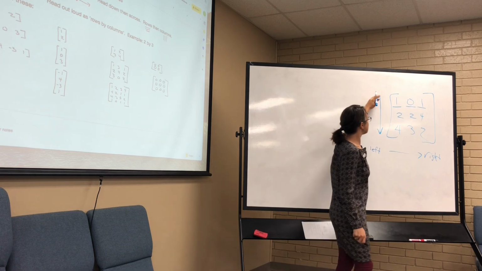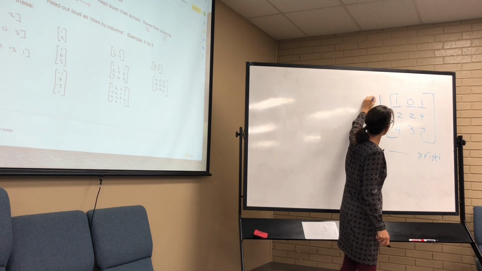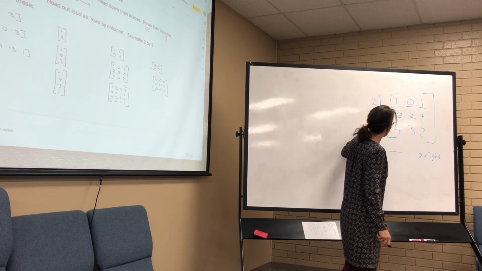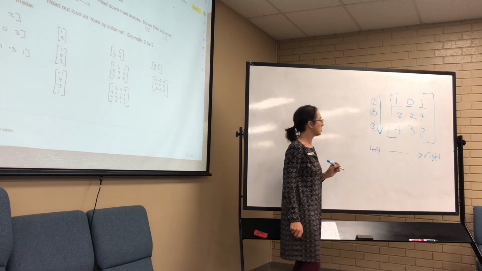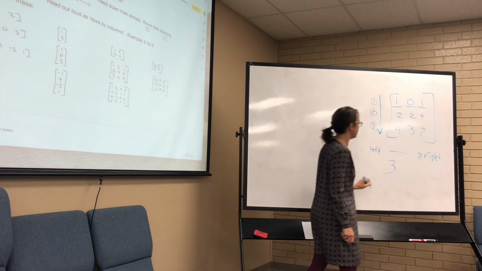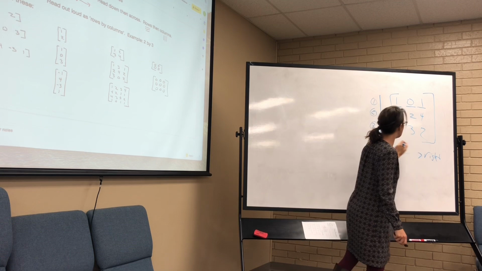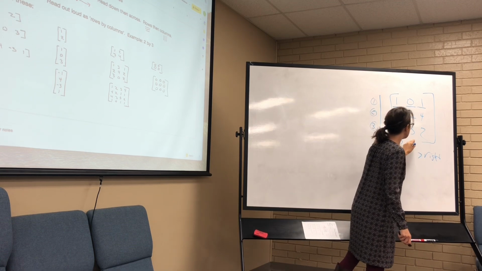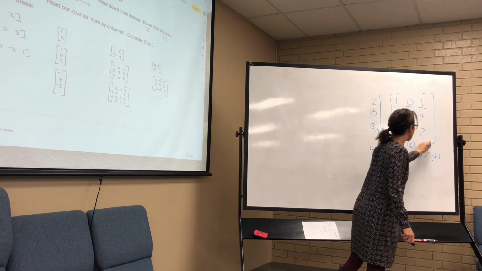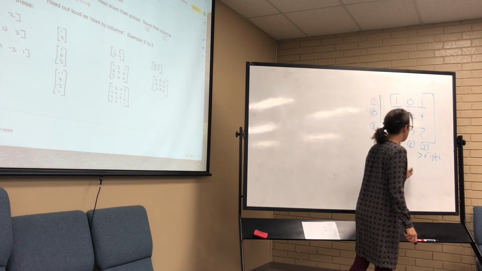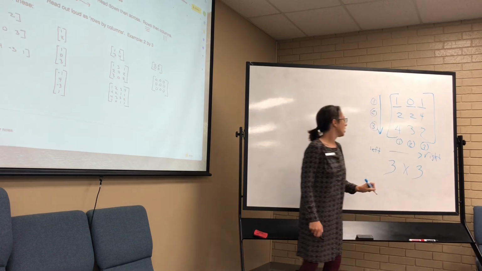So on the left side, I'm looking at 1, 2, 3 rows. So I'm going to write 3. Then as I move across, I have 1, 2, 3 columns. Okay?